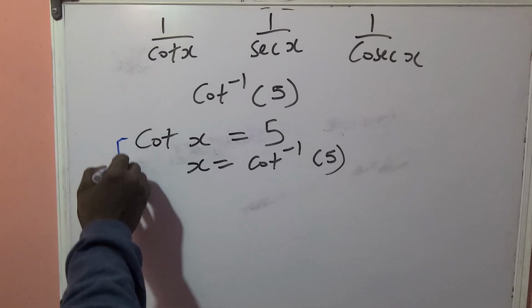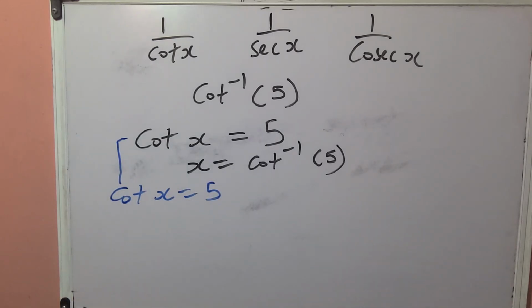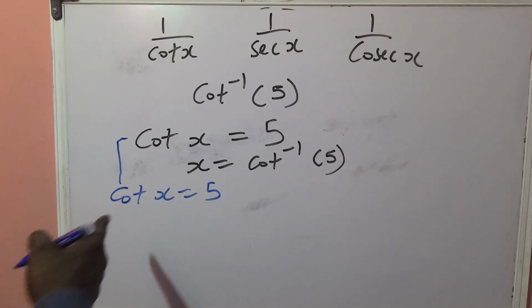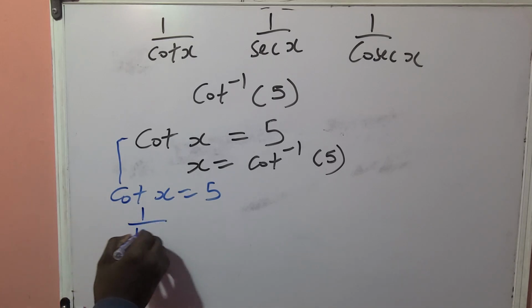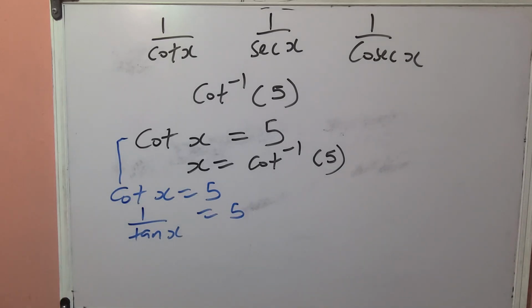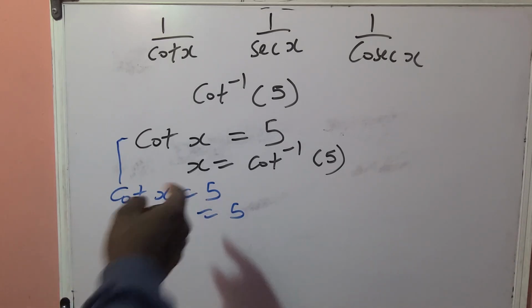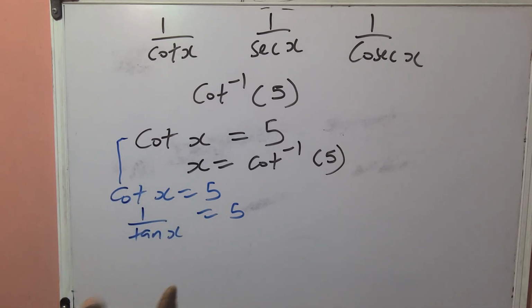From this place, you have that cot x equals 5. So obviously, instead of writing cot x, I can write 1 over tan x equals 5, because cot x is actually equal to 5. So 1 over tan x, which is also cot x, I can place to be equal to 5.